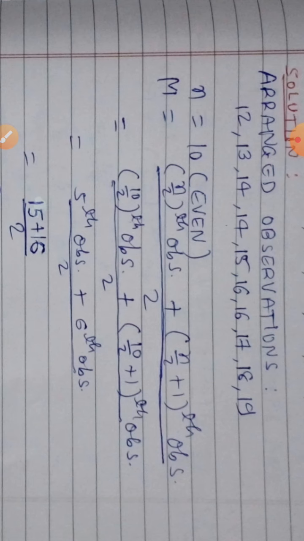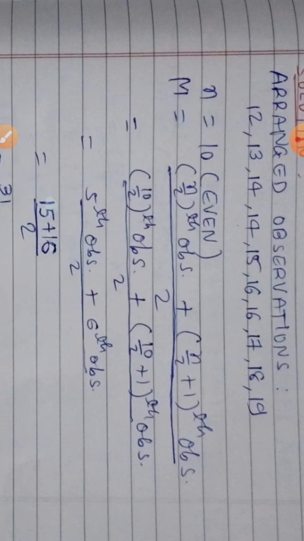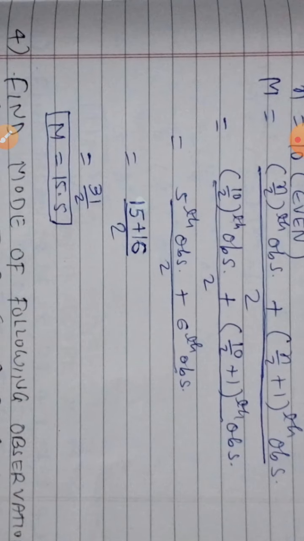So fifth and sixth are not observations or values, they are just serial numbers. So at the fifth place who is there? 15. In the sixth place 16 is there. So 15 plus 16 divided by 2, obviously it is 31 by 2. So 15.5 is our answer.